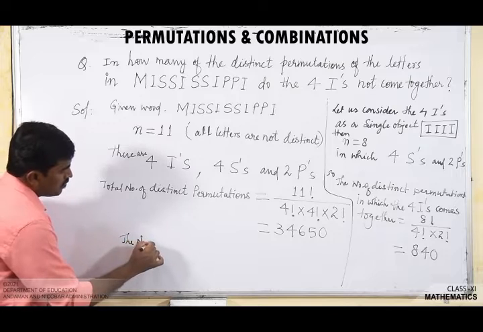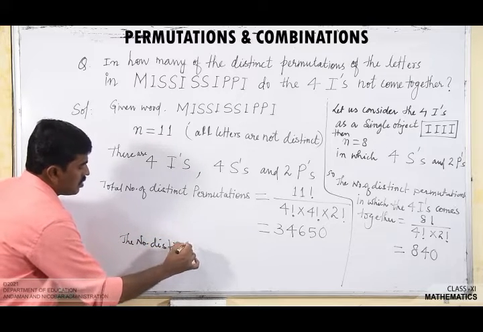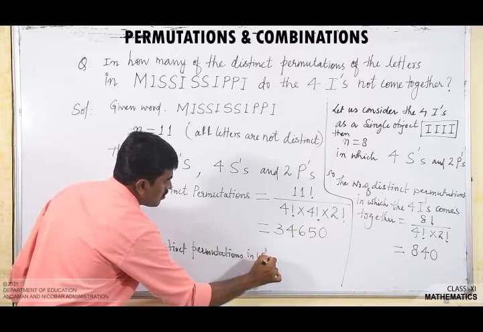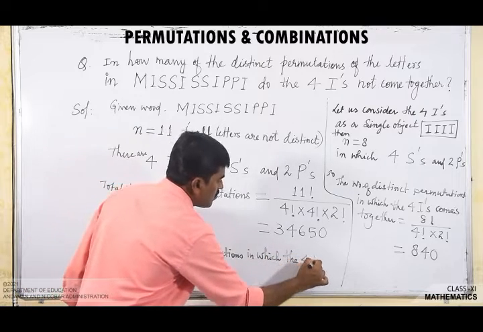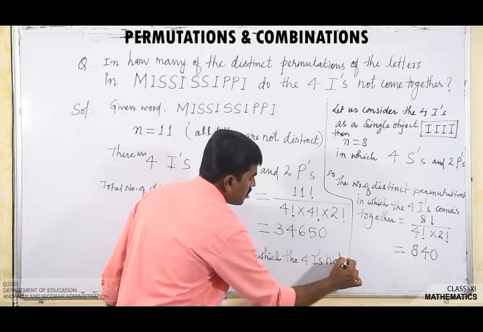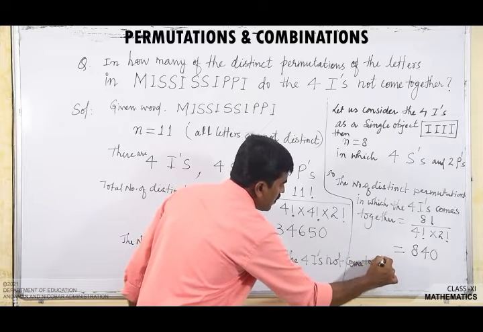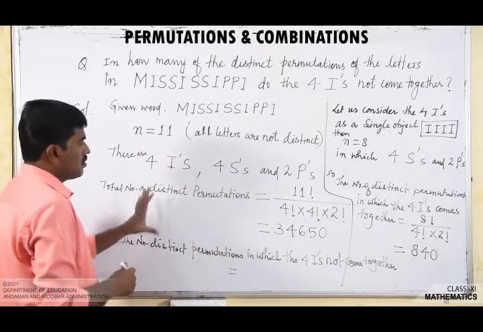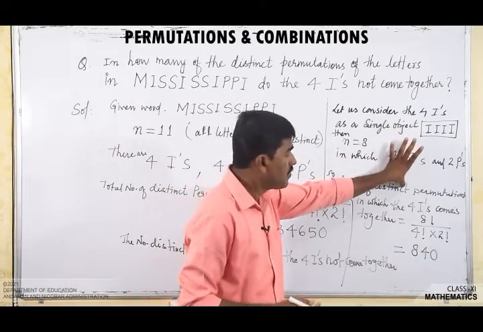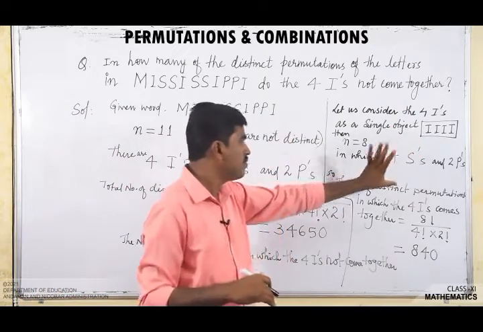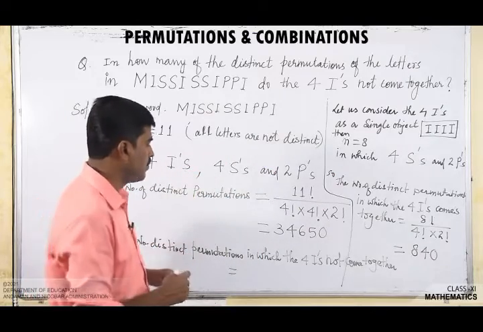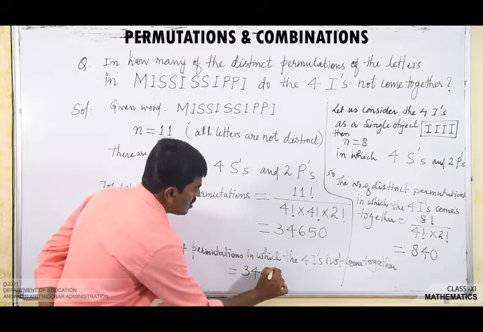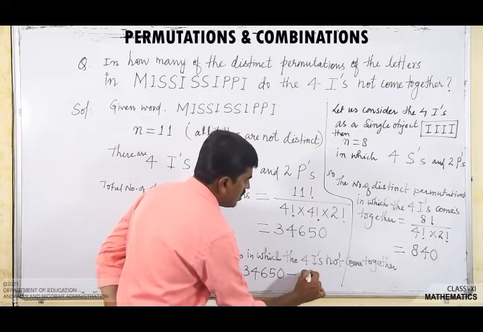The number of distinct permutations in which the 4 i's do not come together is equal to the total number of permutations minus the number of distinct permutations in which the 4 i's come together. So it is equal to 34,650 minus 840.